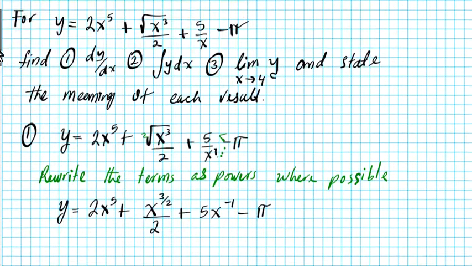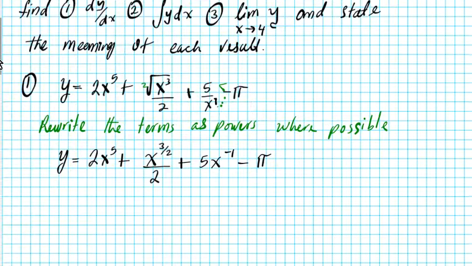Now that we've written everything as powers, we can go ahead and differentiate. There are two formulas that we're going to be using here. The power rule: the derivative of x to the n is equal to power down the power n, x to the n minus 1, mark down the power by 1.